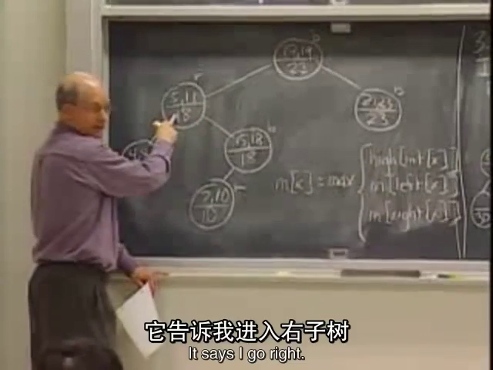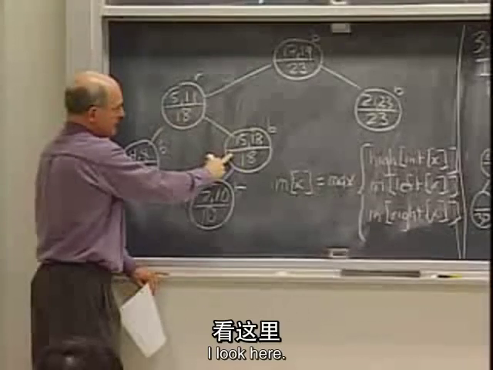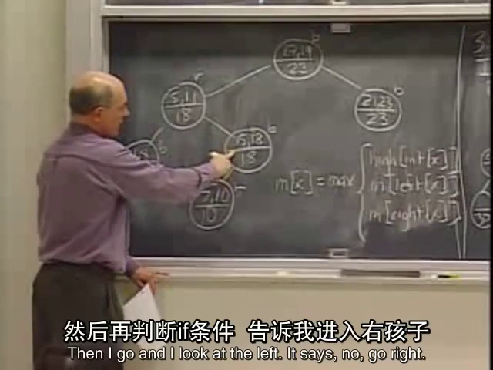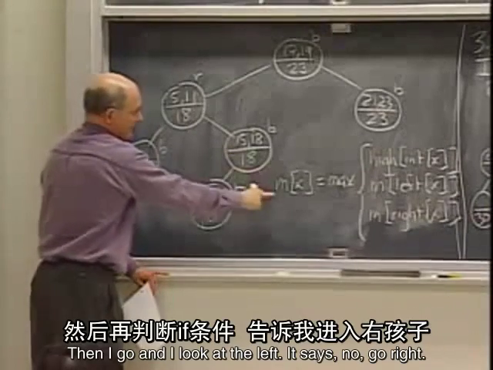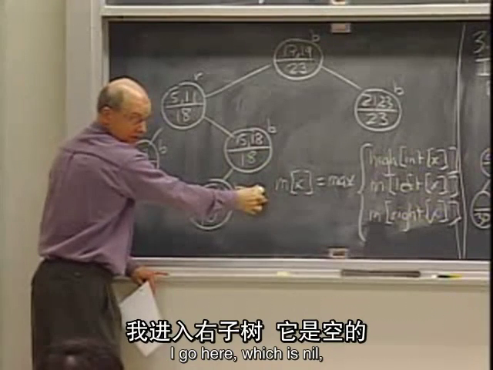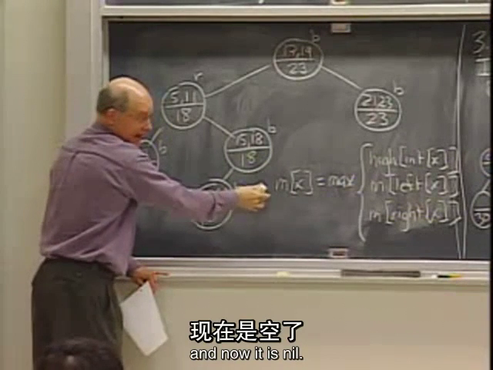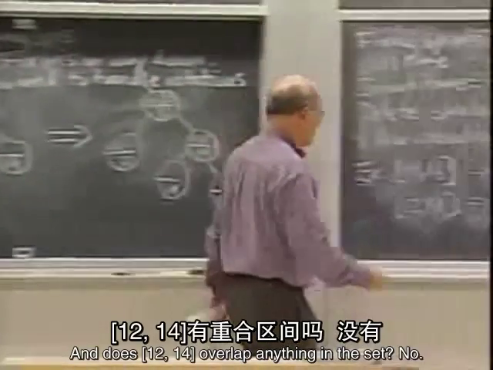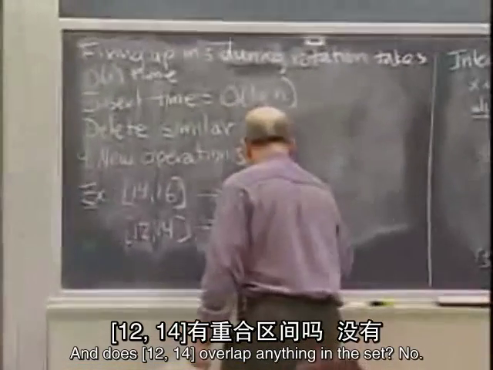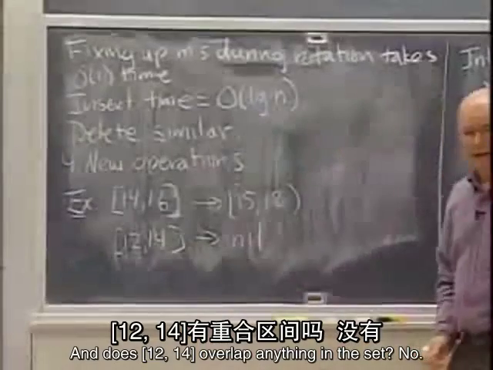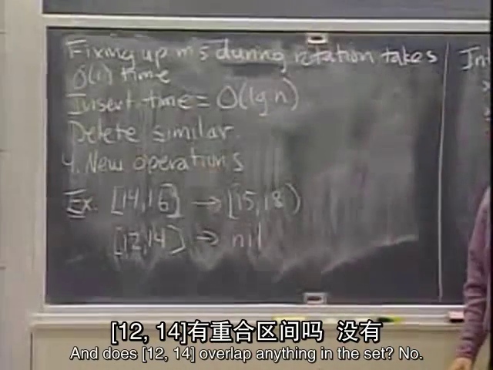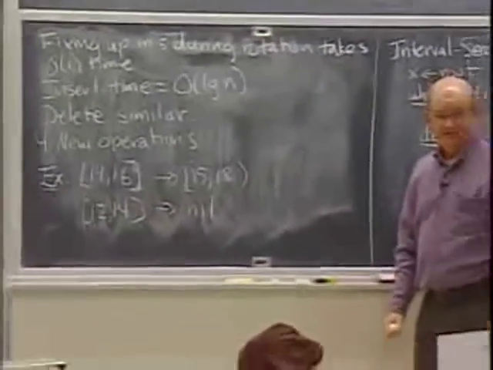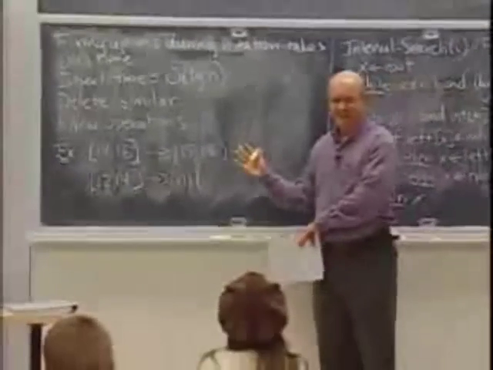It says I go right. I look here. Then I look at the left. It says, nope, go right. I go here, which is nil. I return nil. Does 12, 14 overlap anything in the set? No. So therefore, it always works.